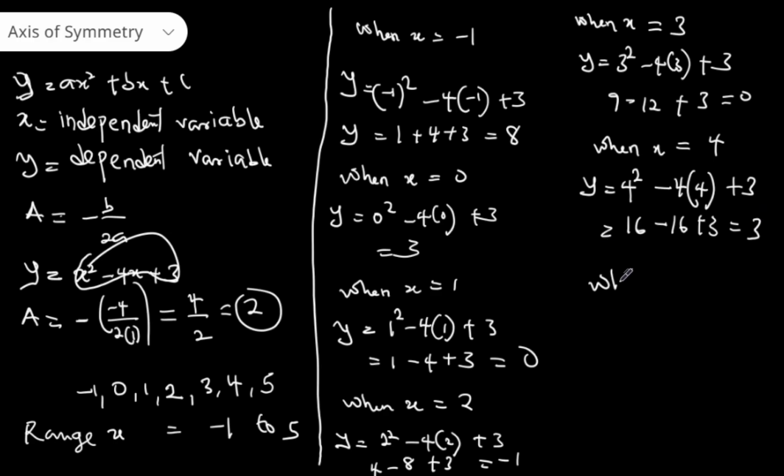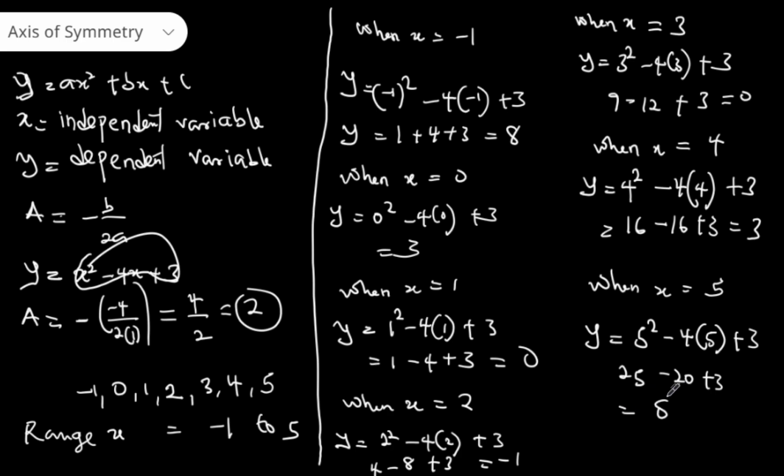Now, when x equals 5, y equals 5 squared minus 4 times 5, then plus 3. 5 squared is 25 minus 20 plus 3, and this gives us 8, because 25 minus 20 is 5, and 5 plus 3 is 8.